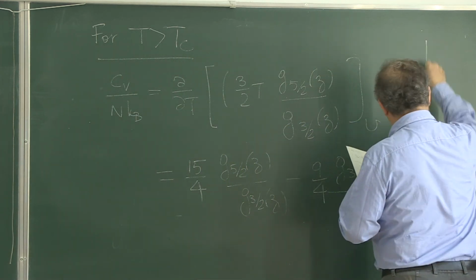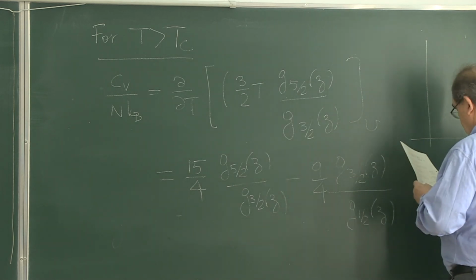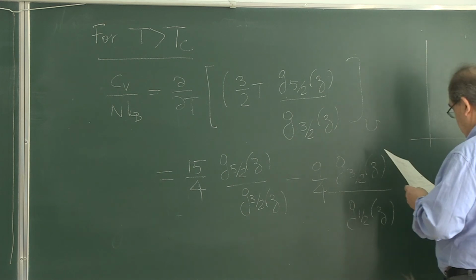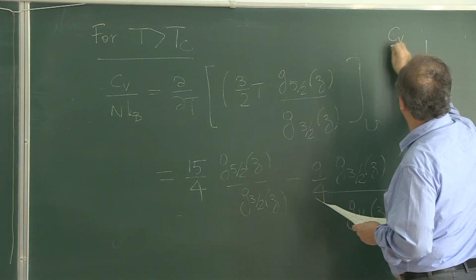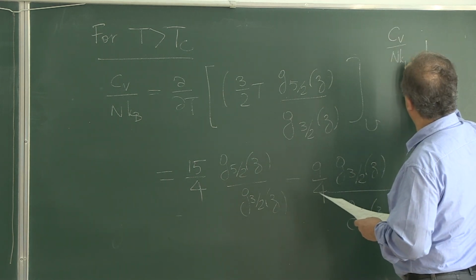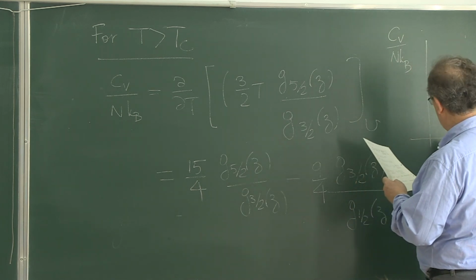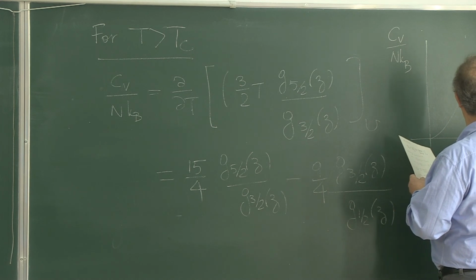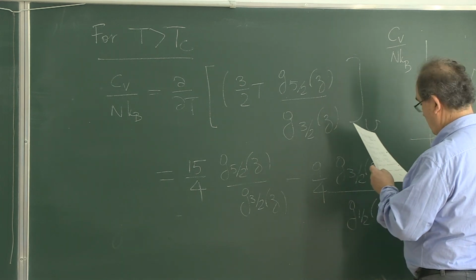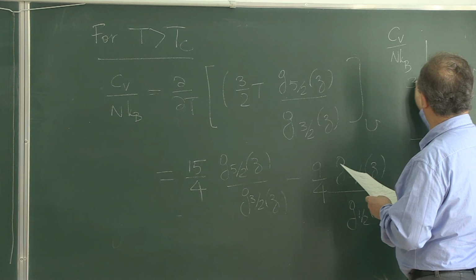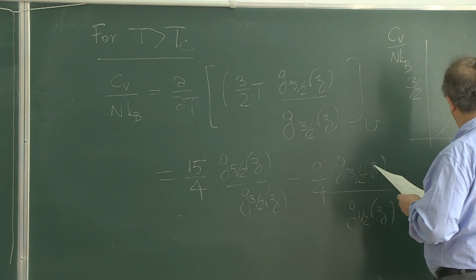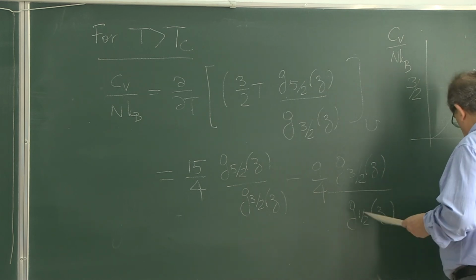So the whole thing, this is for higher temperatures. We have the following picture then. This picture of heat capacity or specific heat, in units of NkB, is something like this. Exaggerate a little bit. 3/2, and 1.